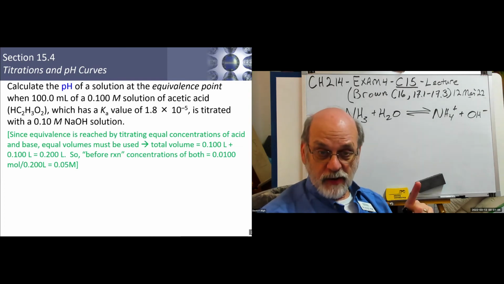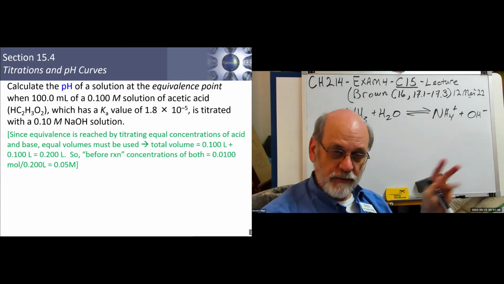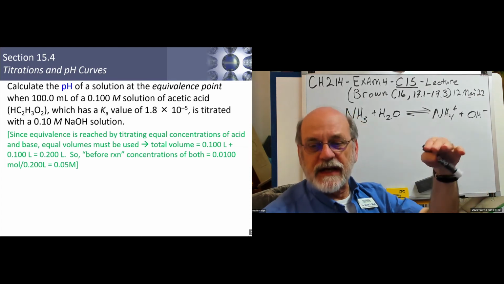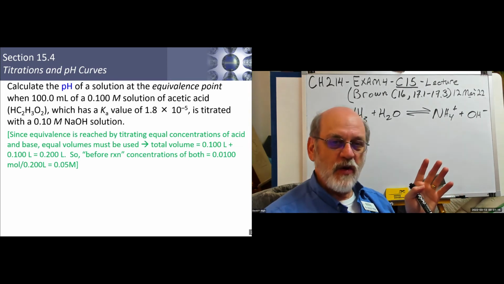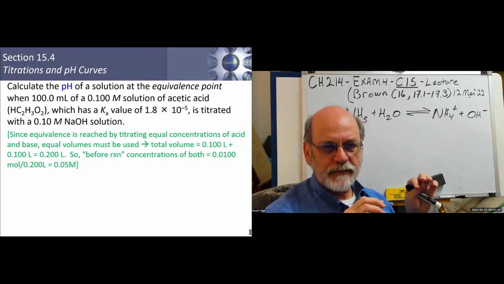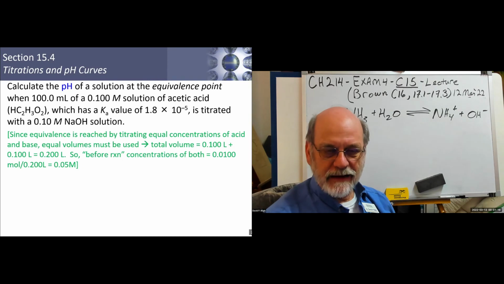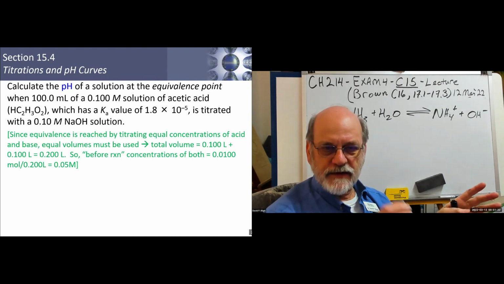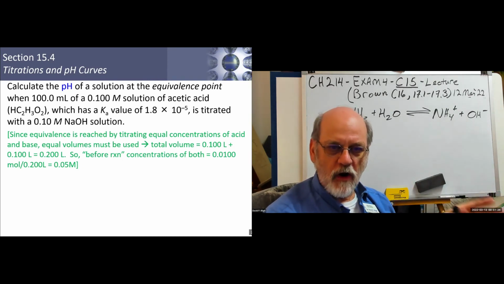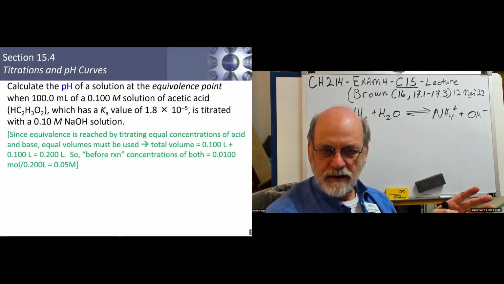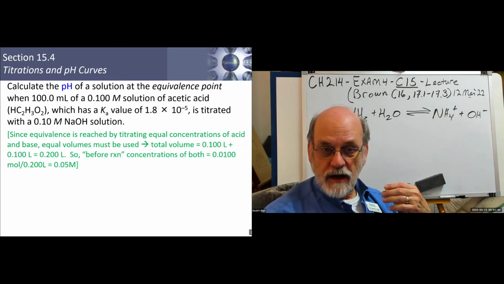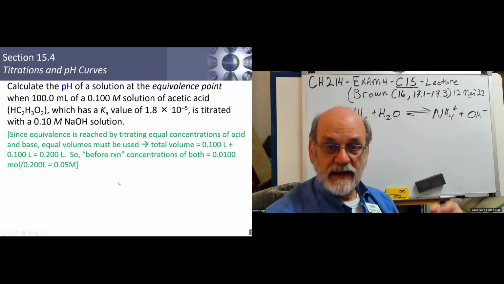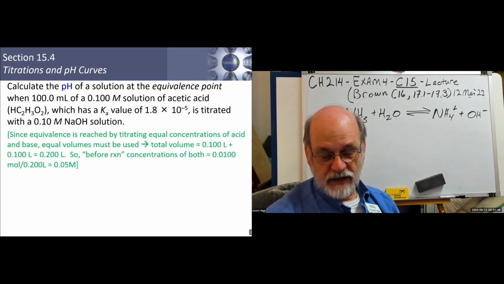Okay, remember in chapter 14, we did a qualitative assessment of what kind of pH you can expect when you combine a weak acid and a strong base, or a strong acid and a weak base, and where can you expect the pH to show up? Well, with a weak acid and a strong base, our equivalence point should be basic. It should be greater than 7.